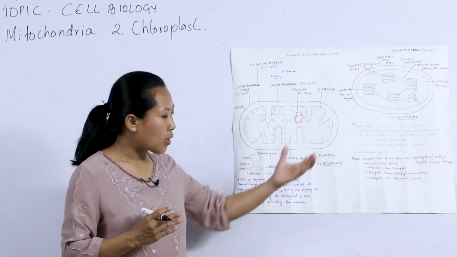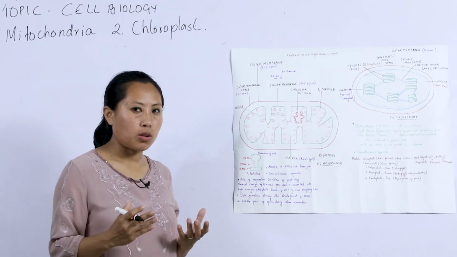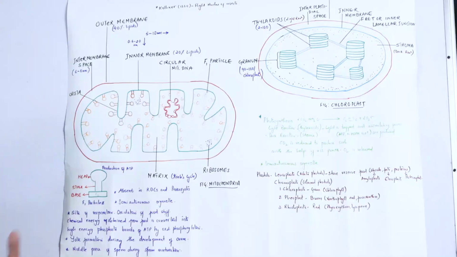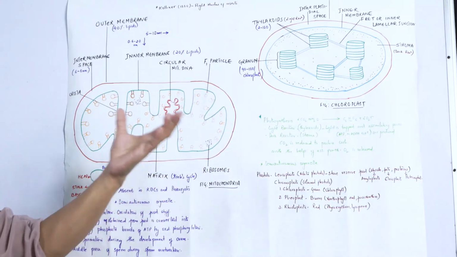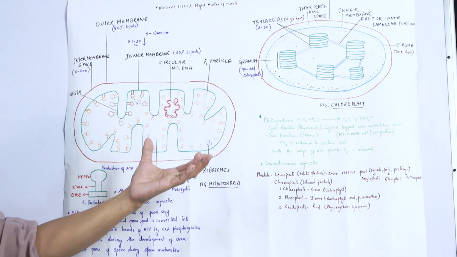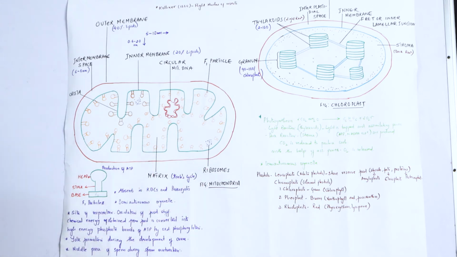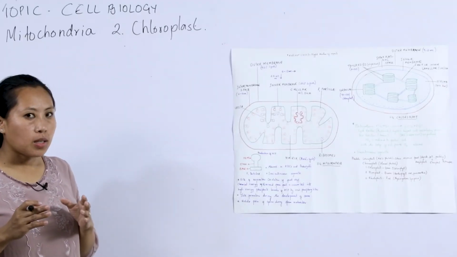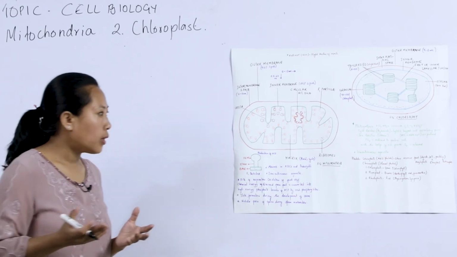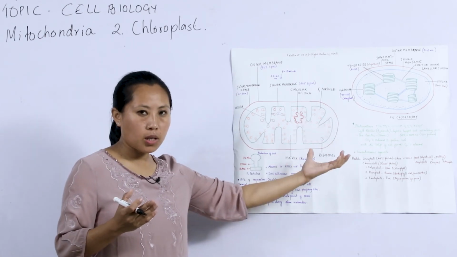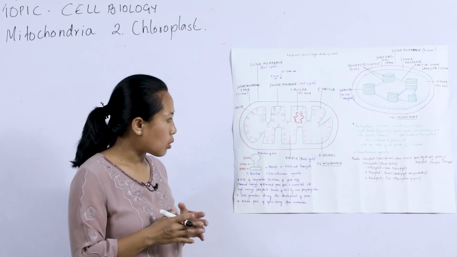During the dark phase, the second phase, which takes place in the stroma, carbon dioxide is reduced to carbohydrate and oxygen is released, using the assimilatory powers produced in the light reaction. The dark reaction does not necessarily take place in the dark, but it takes place without the requirement of light.